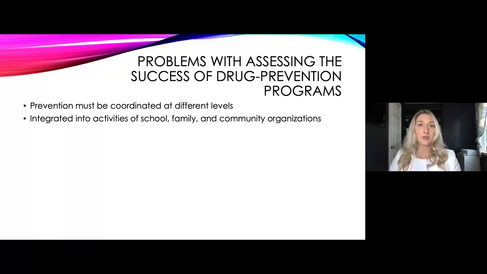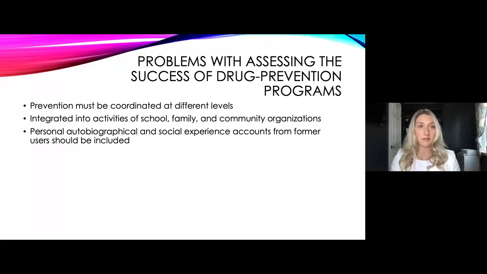So future prevention programs must focus on education and collaboration. Personal autobiographical and social experiences of those who have already been through drug use should be included because it gives credibility to the program. It also helps to show they were successful.